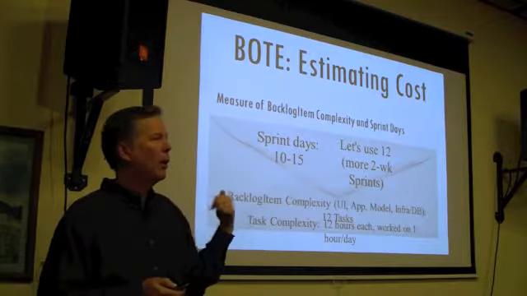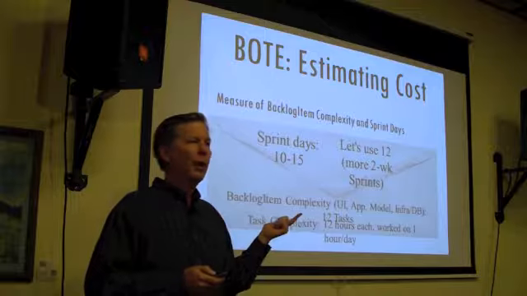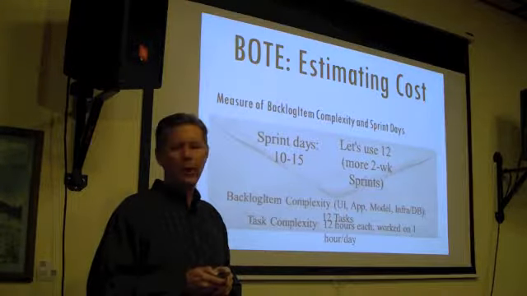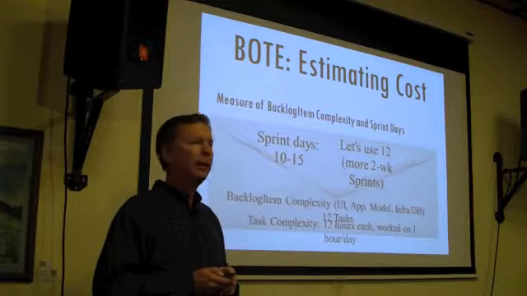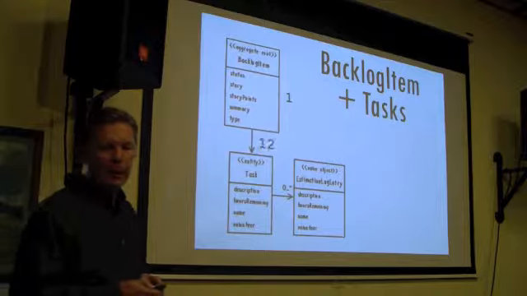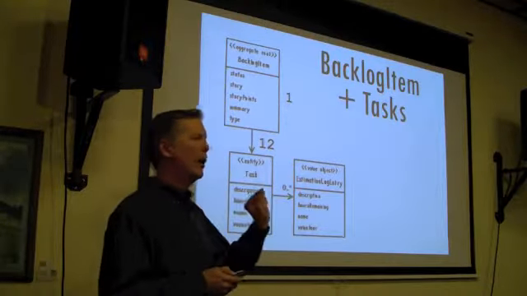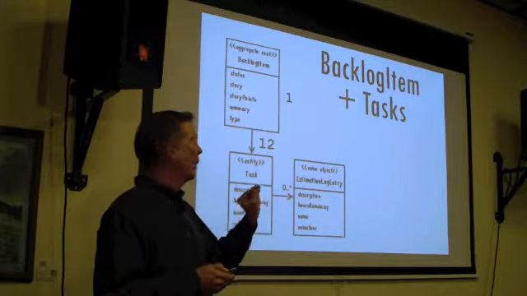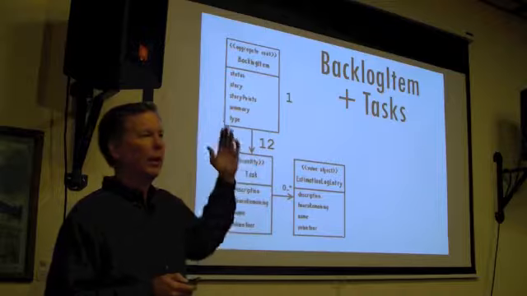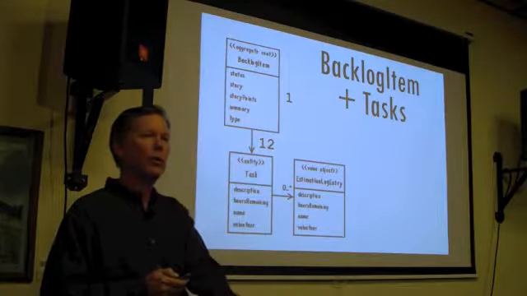We have a backlog item. We have a number of tasks, and those tasks will hold a number of estimation log entries. Is that pretty clear? Maybe? Okay. So this is what we're talking about. One backlog item, 12 tasks, so each backlog item will have the number of tasks necessary to address the entire slice down through the system, UI all the way to infrastructure.